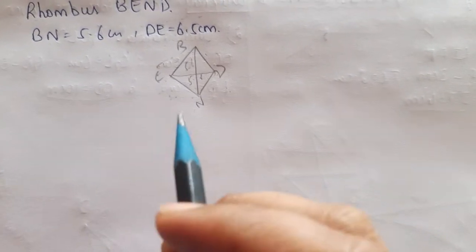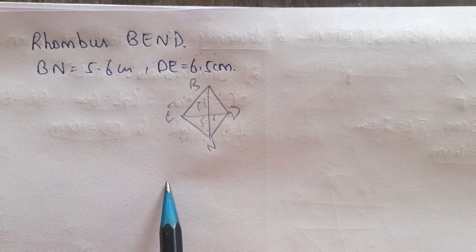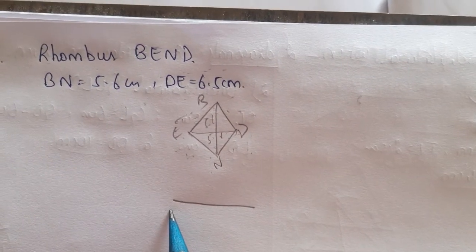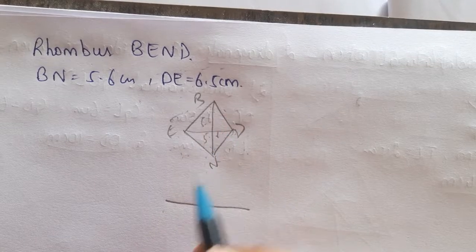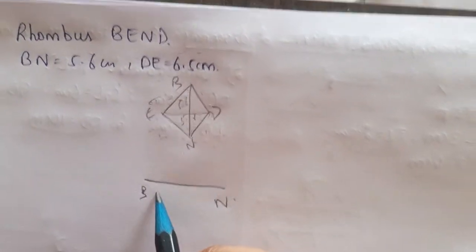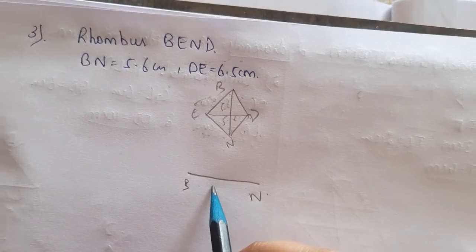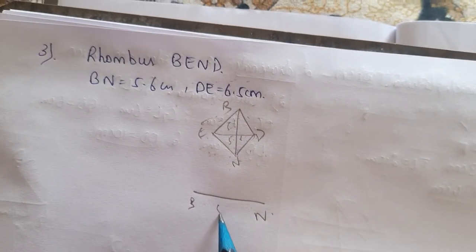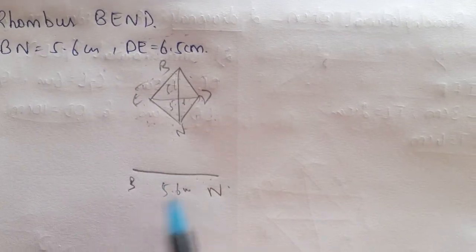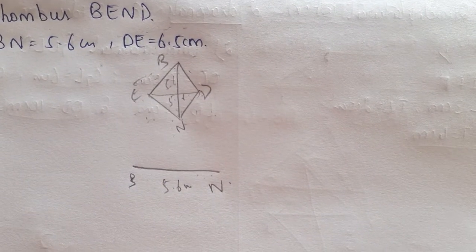Using that concept, what we should do is first draw the rough sketch or draw the line. One diagonal we shall consider, BN only I will consider. First let us draw the base BN, which is equal to 5.6 centimeter. Next, children, for this line we need to draw the perpendicular bisector.